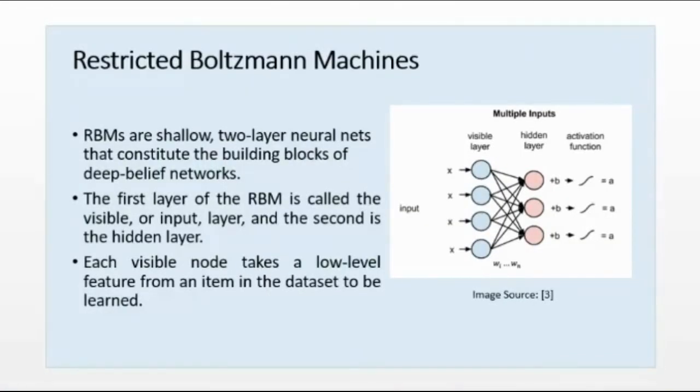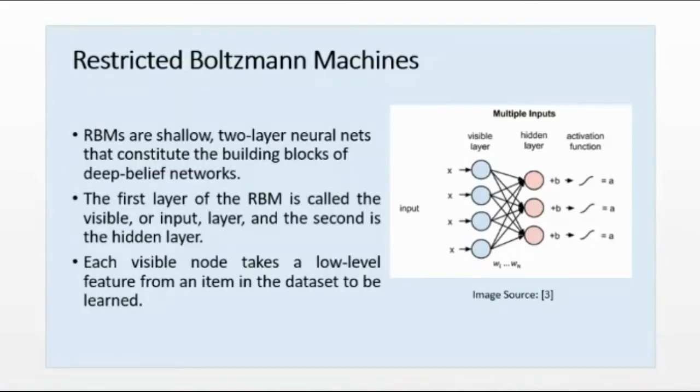So, coming to the restricted Boltzmann machine now. RBMs are shallow; they are not deep in the sense that we consider only two layers: a visible layer and a hidden layer. Just like SVM and the hidden Markov model, those are shallow models. But deep neural networks like CNN and RNN have more layers.